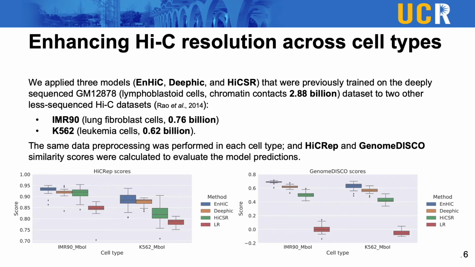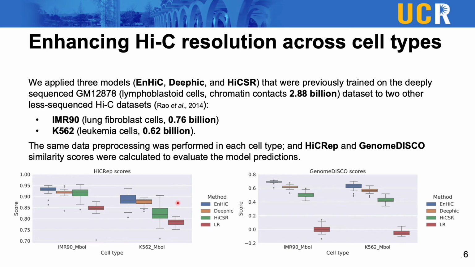In addition to the evaluation on one cell line, we applied the 3 trained models to 2 other less sequenced HiC datasets. The previous training dataset has the highest number of chromatin contacts. The figures illustrate the cross-cell type performance of the 3 models. Overall, EnHiC outperformed both DeepHiC and HiCSR.